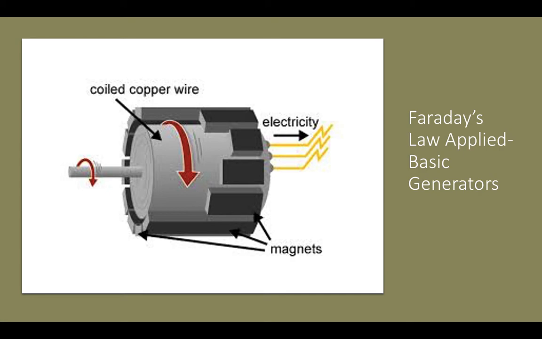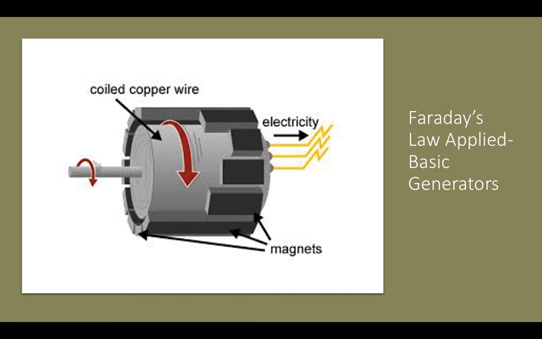So very quickly, the way generators work is that they have a coiled wire that essentially wraps and loops around a magnet that is going to be spinning.